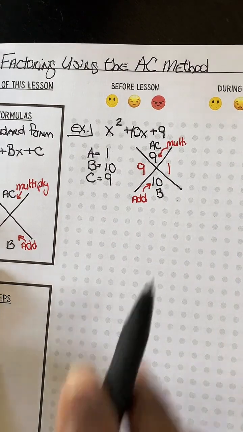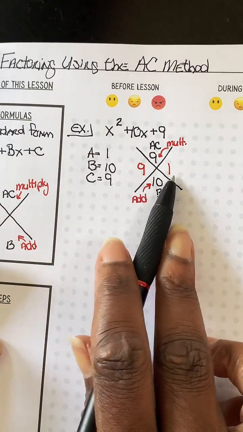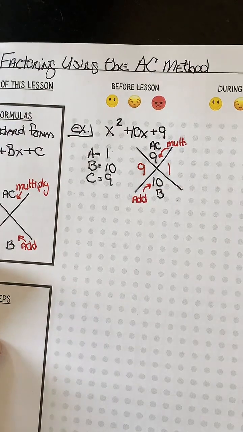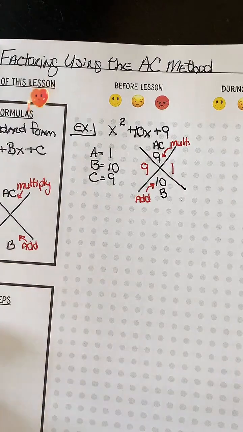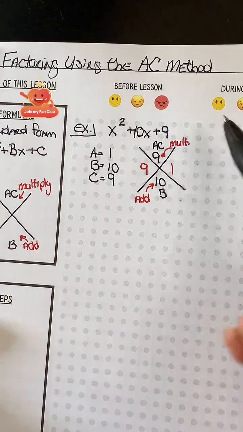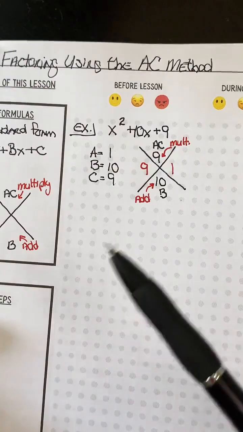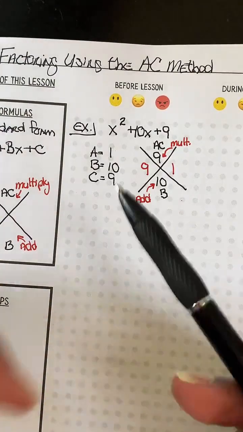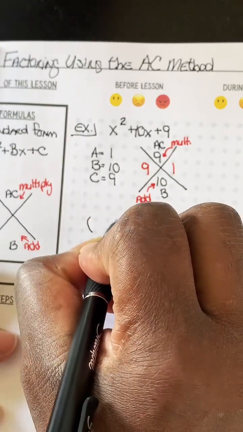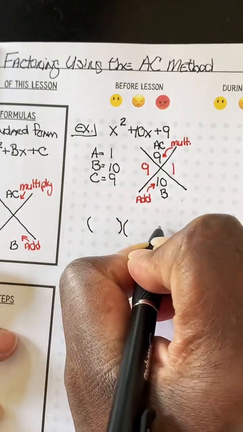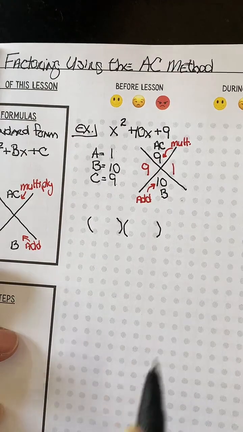All right? So with this information, you're like, okay, what do I do next? Now we're going to set up our two parentheses. If you recall, factoring is basically doing the distributive property in reverse, right? Since we have an x squared, we're going to need two factors.